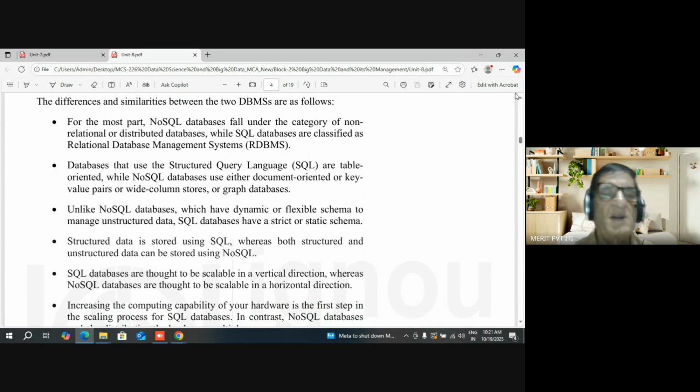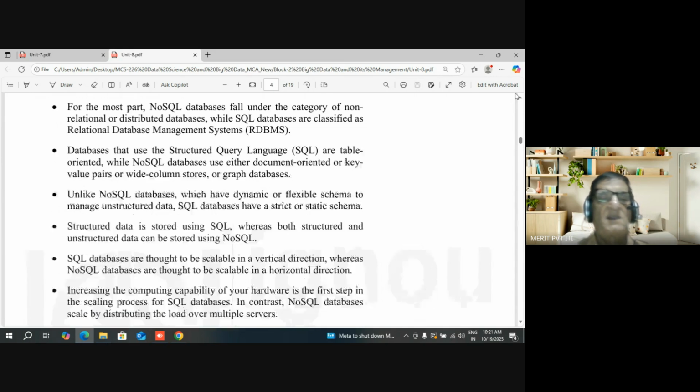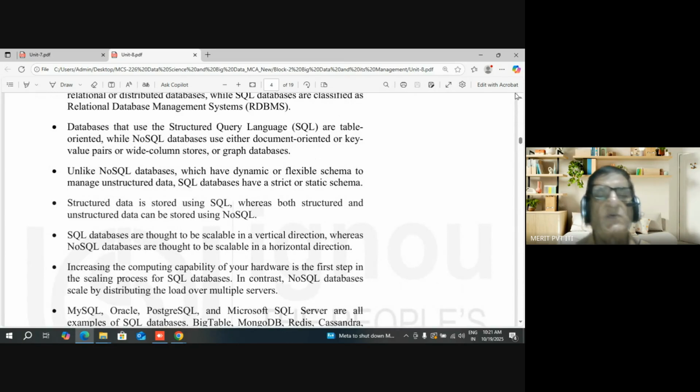Unlike NoSQL databases, which have a dynamic or flexible schema to manage unstructured data, SQL databases have a strict or static schema. Structured data is stored using SQL, whereas both structured and unstructured data can be stored using NoSQL. So in NoSQL, unstructured data can also be stored.